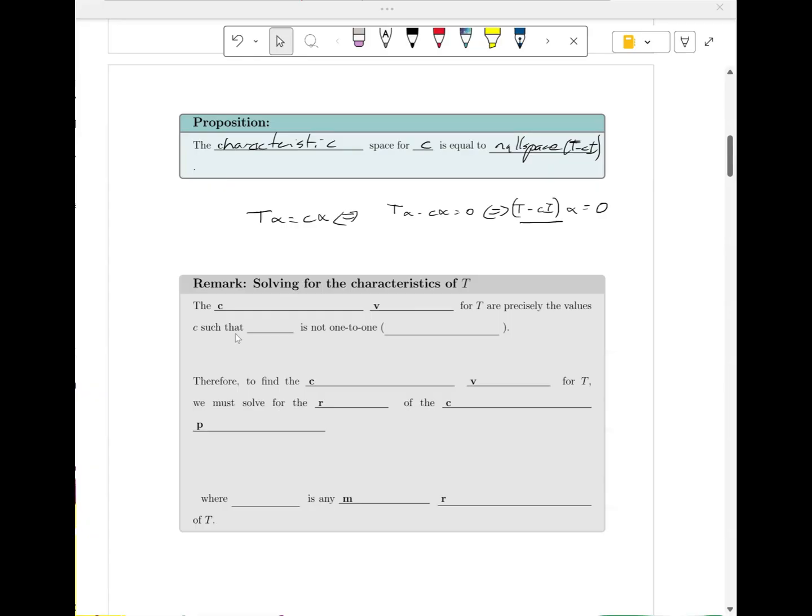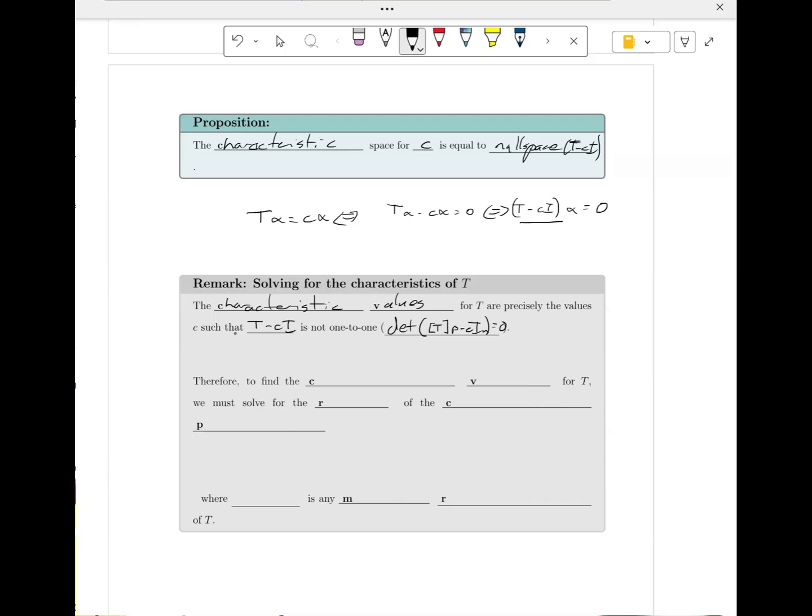This gives us a clear process for solving for the characteristic space for a specific characteristic value. But now we have to determine how to compute the characteristic value. Well, the characteristic values for T are precisely the values c such that T minus cI is not invertible. That is to say, the determinant of the matrix representation of T given a basis beta, minus cI, equals 0.